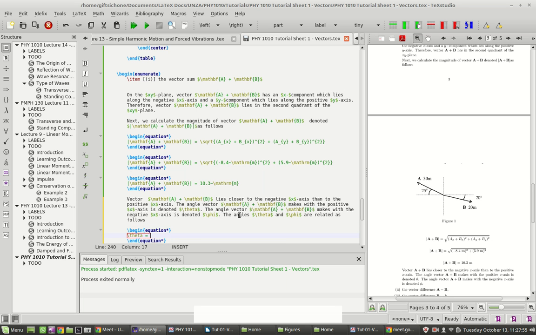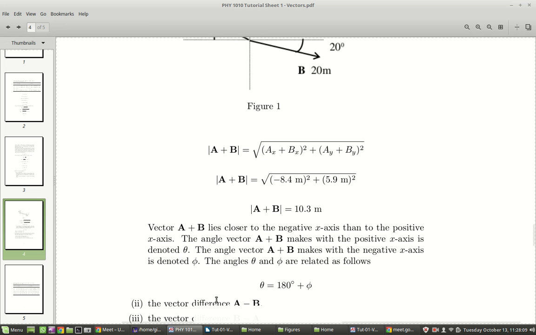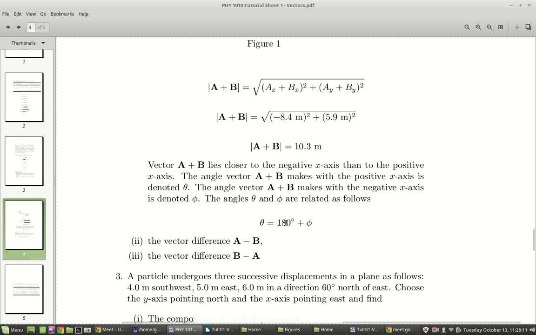Theta is equal to 180 plus phi. There, that's how theta and phi are related. Theta is equal to 180 degrees plus phi. In our case, we're going to work out phi, and phi is going to come out to be a negative angle.